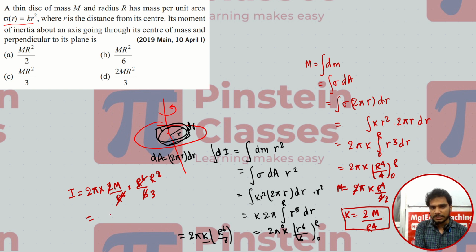Here also pi will come in the denominator, so pi and pi can also be cancelled out. So this expression will become 2m times r square upon 3. So option D is correct.